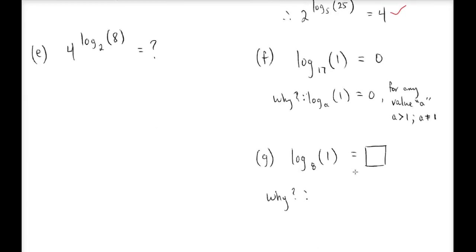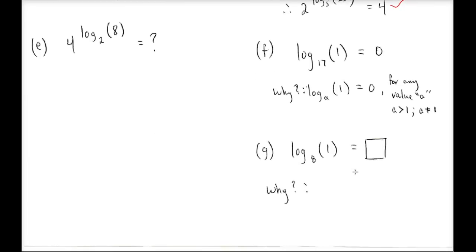So moving on to our last set of examples here. Here we want to note that log base 2 of 8 can be rewritten as log base 2 of 2 raised to the 3, because 2 raised to the third power is 8.